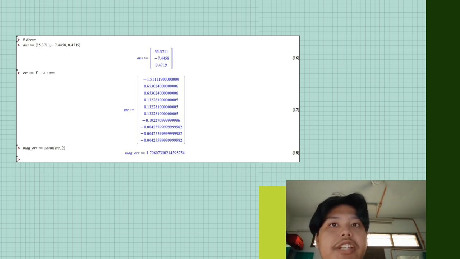So after we get the error, we use MAT underscore error equals to norm of error, 2. So after we got that, we got the answer for the MAT error, which is 1.7691.